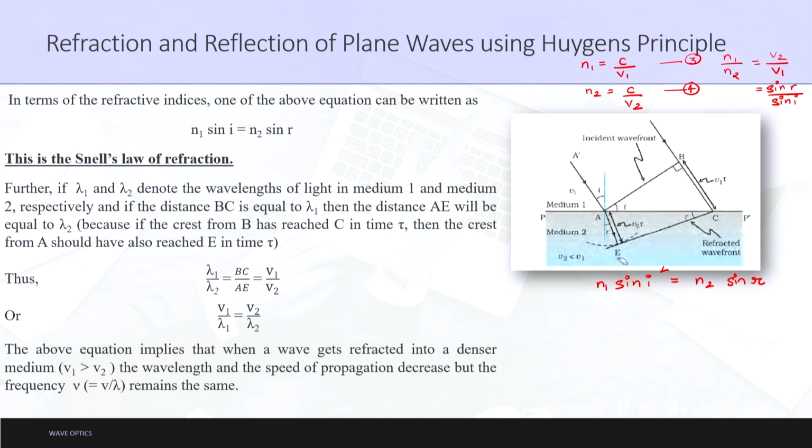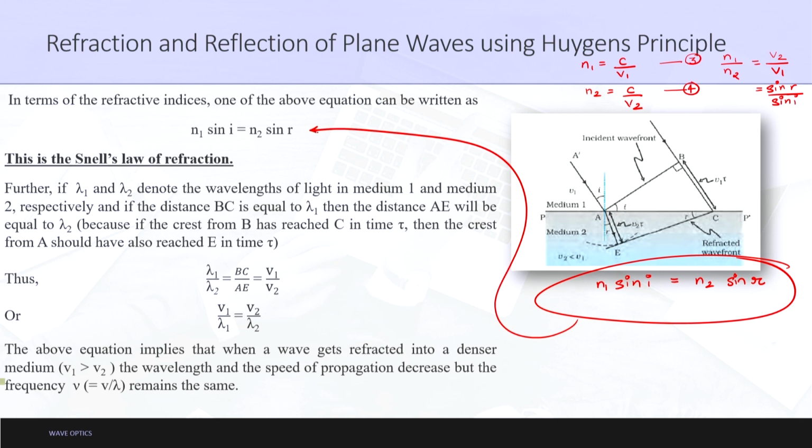What we can infer from this equation, just to explain, is n1 sin i is equal to n2 sin r. To remember this: any angle formed with the normal in medium 1 is i, and any angle formed in medium 2 is r. So, what will sin i be multiplied with? The refractive index of medium 1 only. So, n1 sin i.